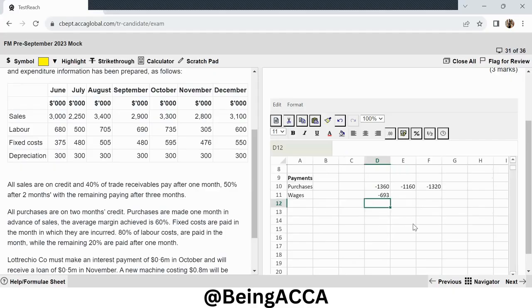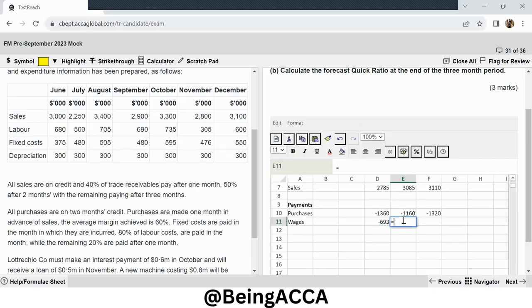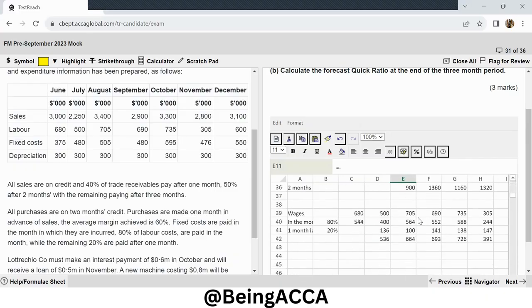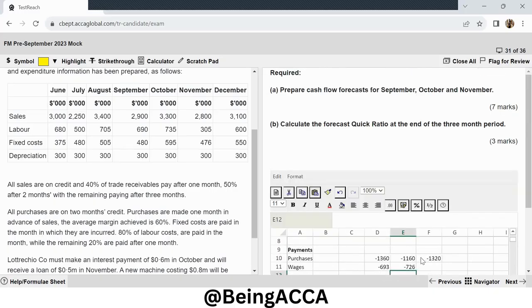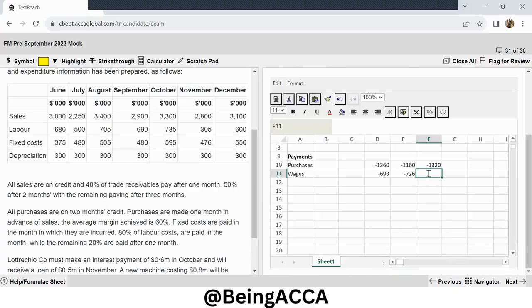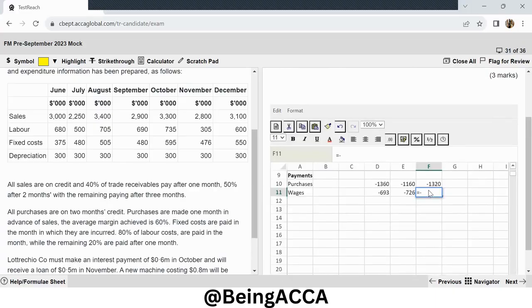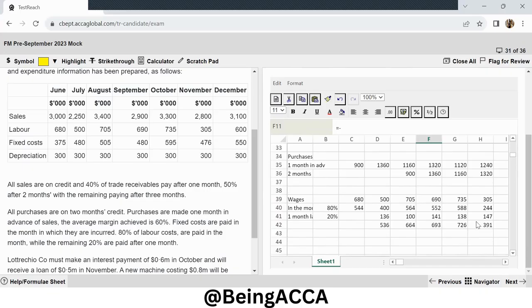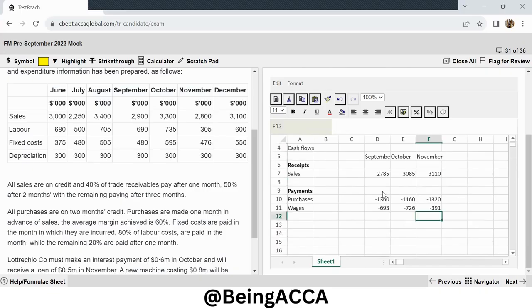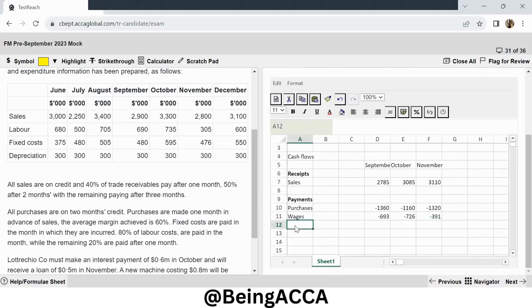Then I need it for the month of October, let's go down below. This is for the month of October, 726, and then I need it for the month of November, and November is 391. So now I have my workings for my wages as well.